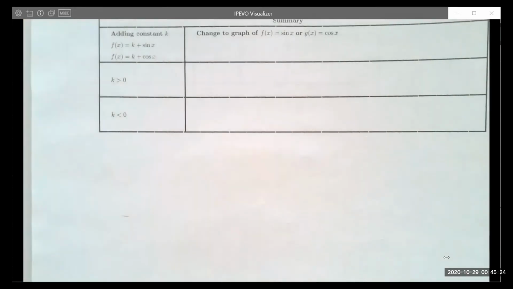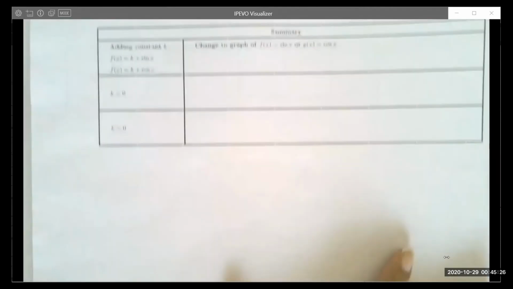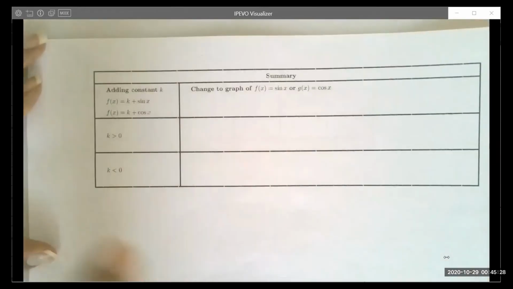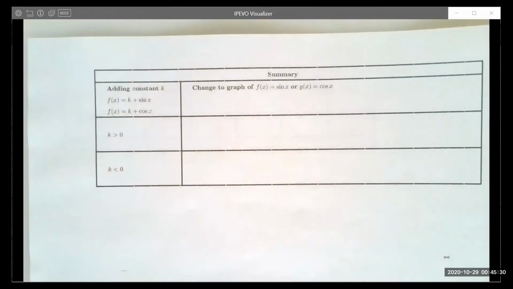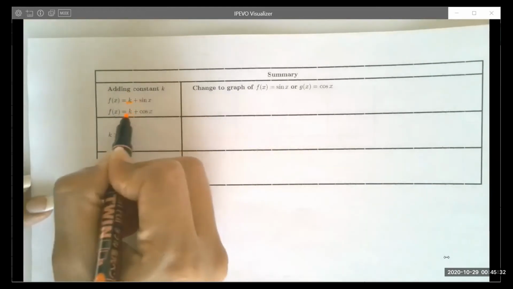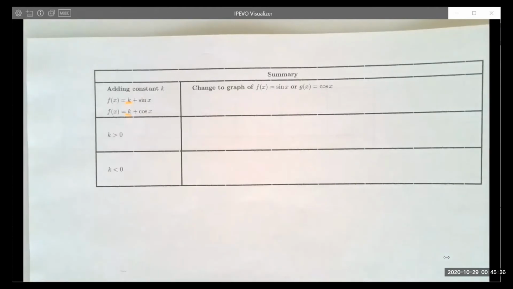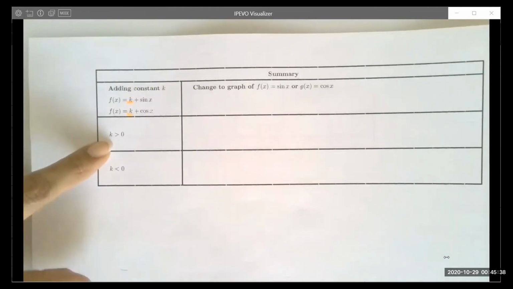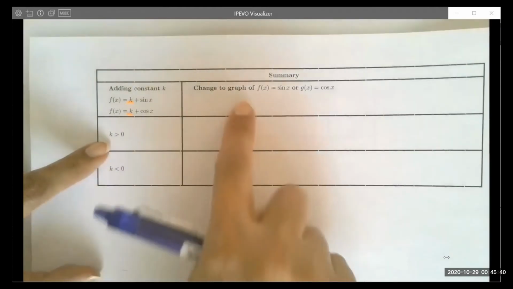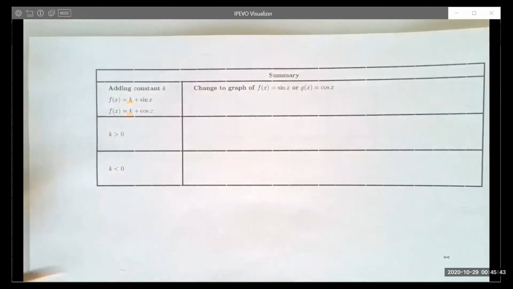All right, so let's summarize what we've found so far. If we add a constant, which we're just calling in general k, to the term with sine or cosine, and that constant is positive, what does it do to the original graph? What did we see happen, like in this example?